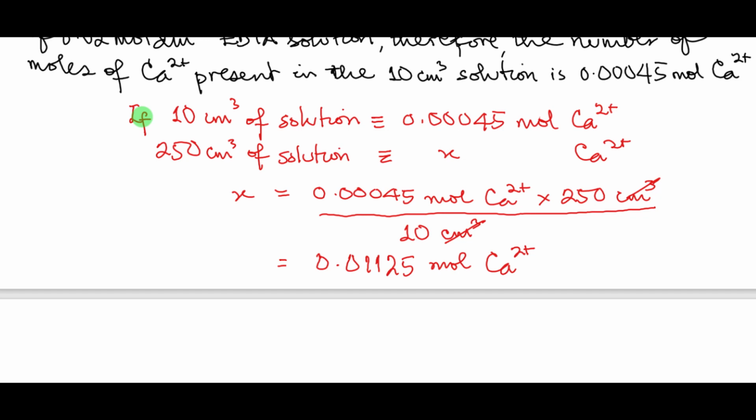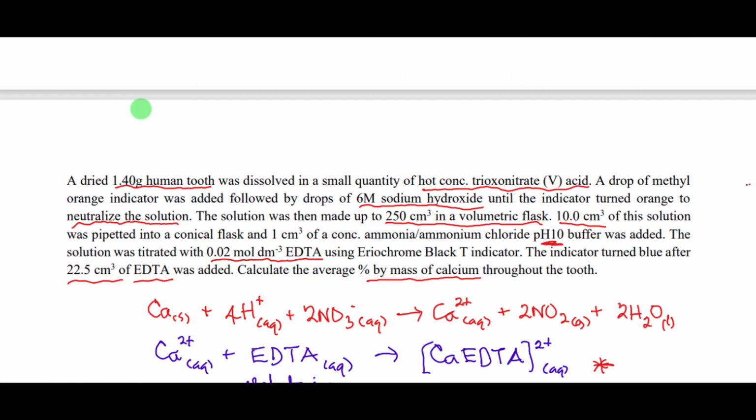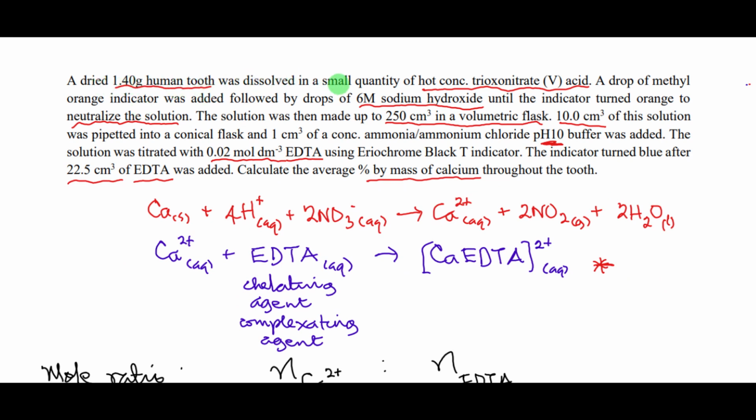Remember, the 250 cm cube of the solution contained the 1.40 grams of the human tooth. Let's look at the question again. Dry human tooth was dissolved in concentrated trioxonitrate(V) acid. A drop of that was added, followed by 6 molar, that's for neutralization. Now remember here we're not given any specific volume, just a small quantity of concentrated acid, so the volume here was insignificant.